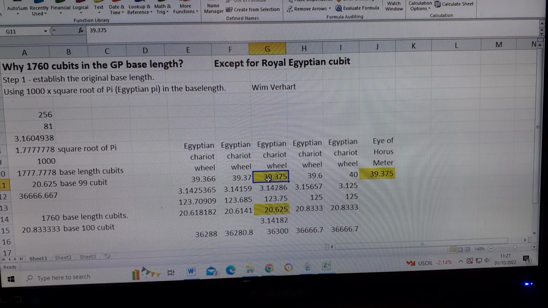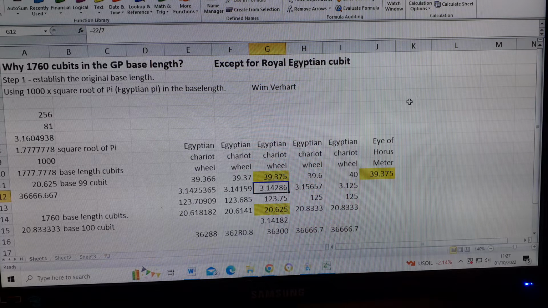And what I'm saying is that, because it's the Eye of Horus meter, it will produce, using this method, the Egyptian royal cubit of 20.625 when we use pi as 22/7, because the Giza Great Pyramid is designed against a circle with a radius of 7, and the base of the Giza Great Pyramid is the ratio of 44:7, so it works out as 1760 cubits in the base and 280 in the height, and that's very well known.